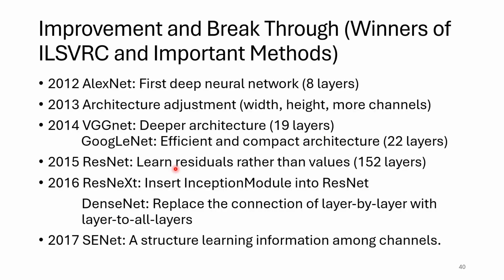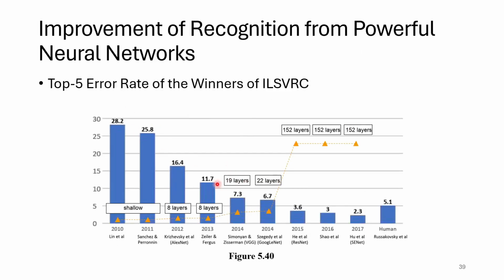Okay, so here is a summary. In 2012, AlexNet, the first deep network to address the ILSVRC challenge. And then the next year, there was a very similar network, ZFNet. It further improved the error rate.